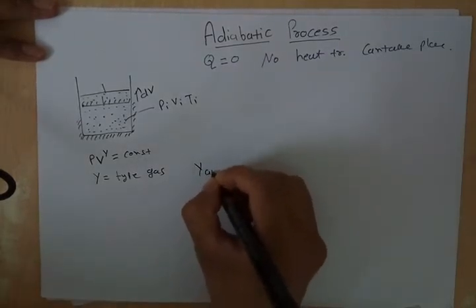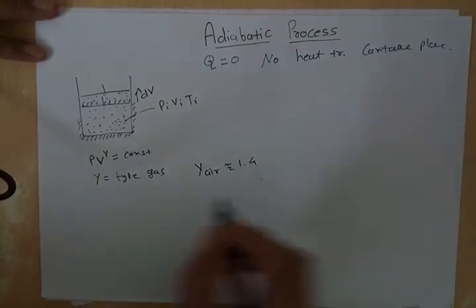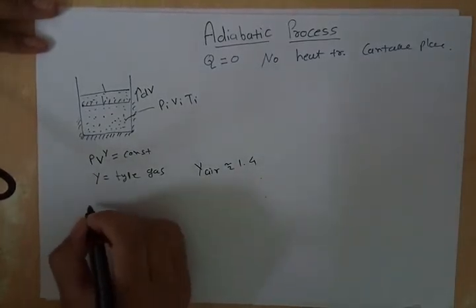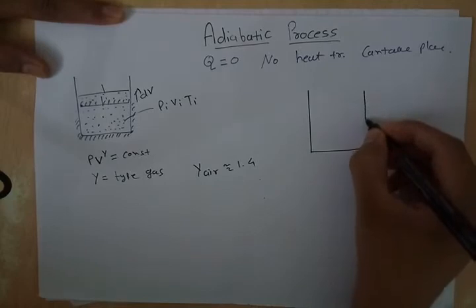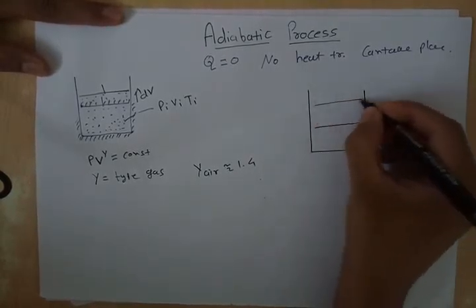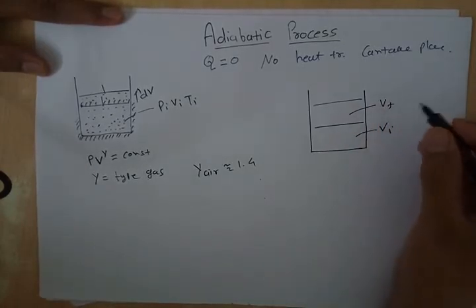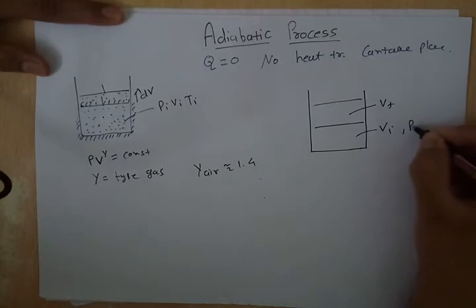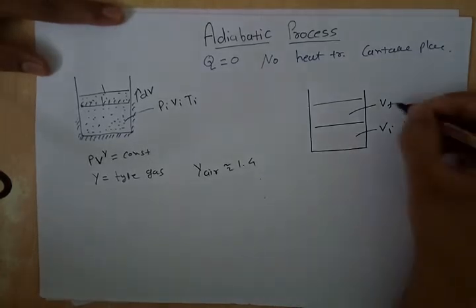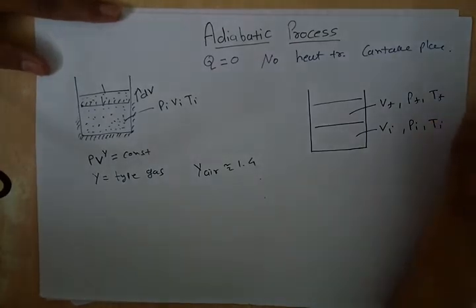Now for air, its value is approximately 1.4. Now let us say we are expanding gas from volume Vi to volume Vf. And our initial pressure is Pi, initial temperature is Ti, final pressure is Pf, and final temperature is Tf.